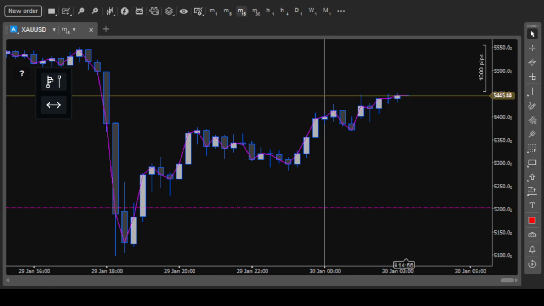So now we've got a lower high. We've broken this little low in here. Again, we've got a little caution zone in there.